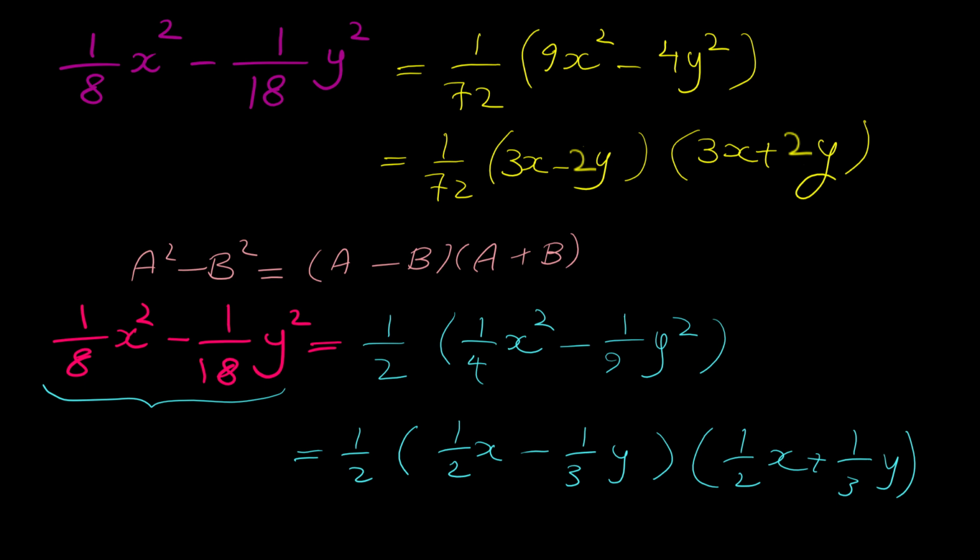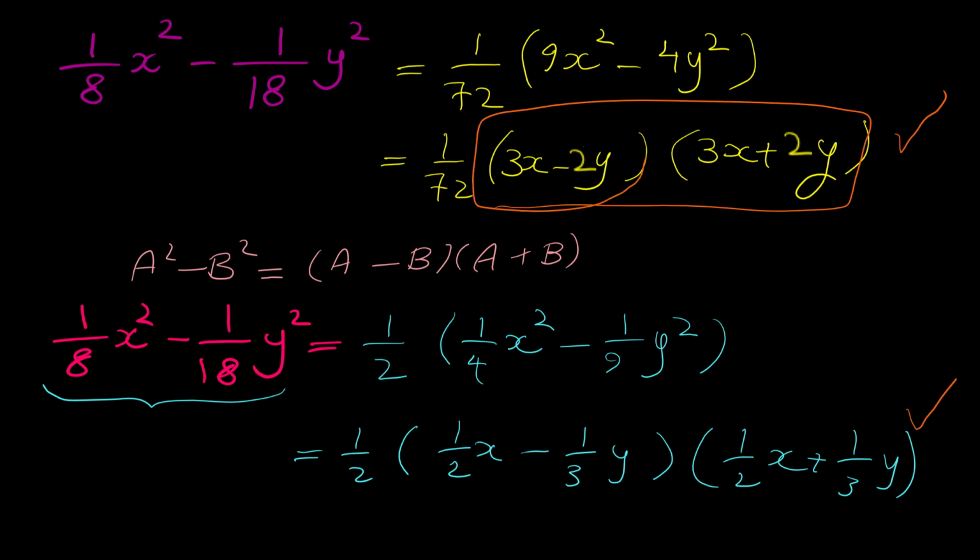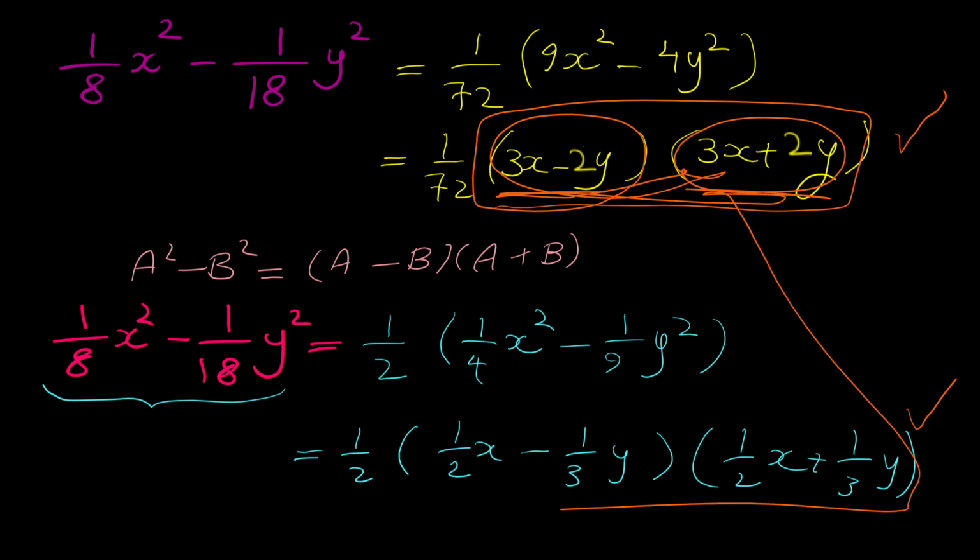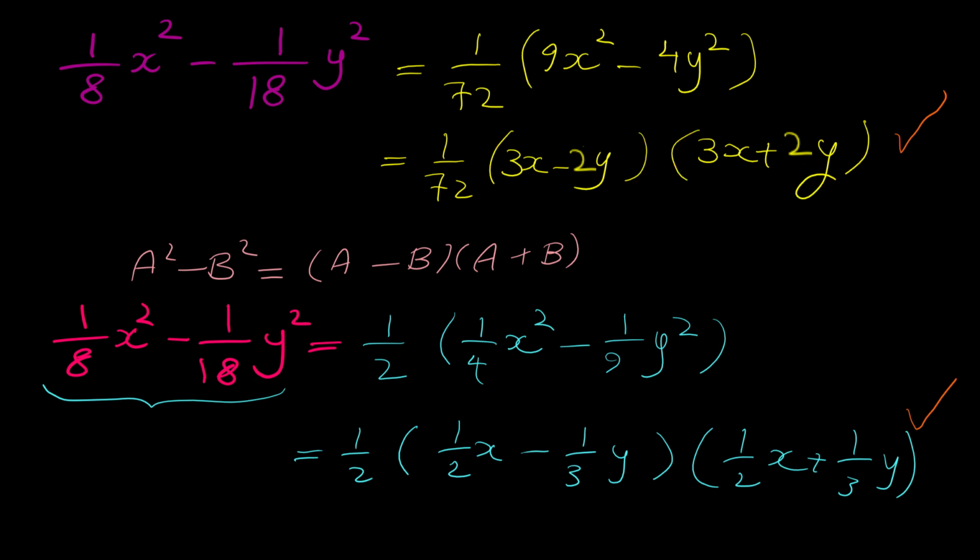But again, between these two methods, I prefer the first method compared to this one, because in the factored expression we don't have any fraction anymore, but still here we have fractions. But this is another method. It's up to you which method you like to use for factoring this expression.